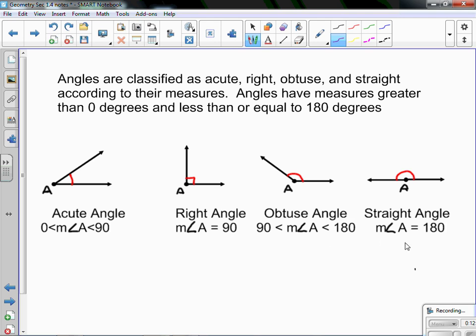And a straight angle is going to have a measure equal to 180 degrees. Notice a straight angle also looks kind of like a straight line or even a set of opposite rays, which is good information to keep in your mind for later on when we start looking at some other things.